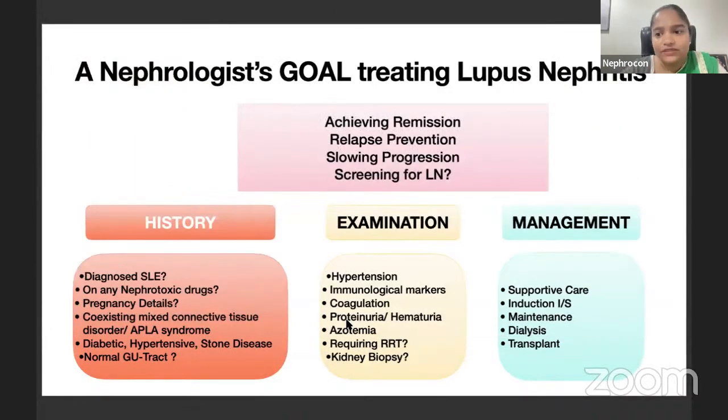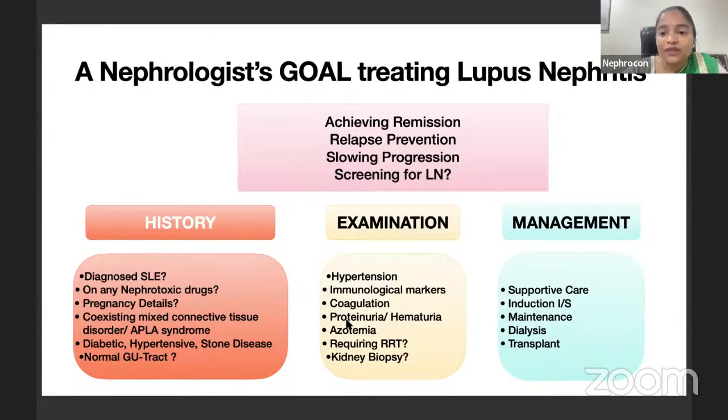So when a nephrologist suspects lupus, we're basically wanting to either achieve remission, prevent relapses, or slow the progression of lupus nephritis. Screening for lupus nephritis is more or less done by the physician or a rheumatologist. It becomes a lot easier to diagnose lupus nephritis in a proven case of SLE.